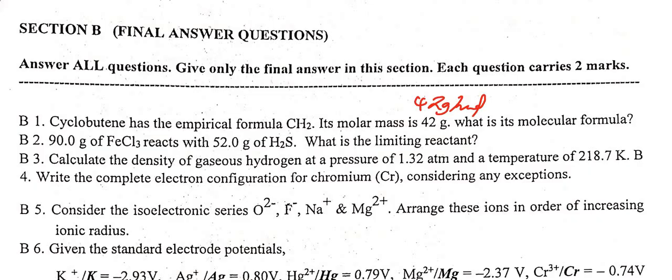Then the next one here says calculate the density of gaseous hydrogen at a pressure of 1.32 and a temperature of 218. How do we get the density? What is missing? What do we need to do? B4, right? They made a typo here. This bonus was not supposed to be there.